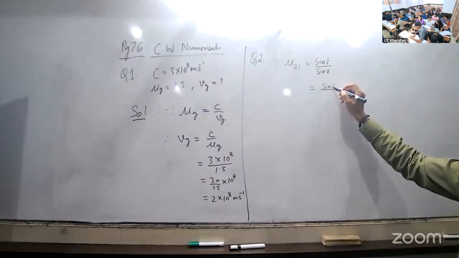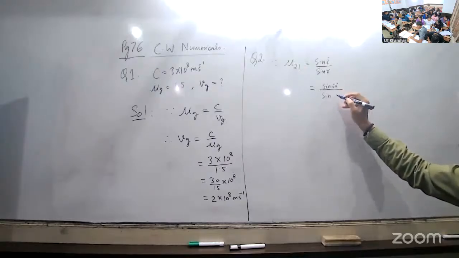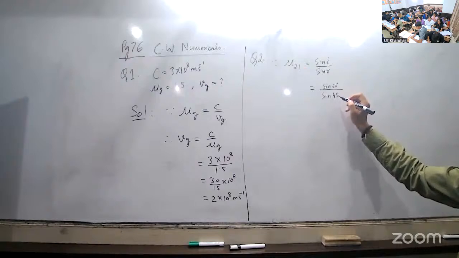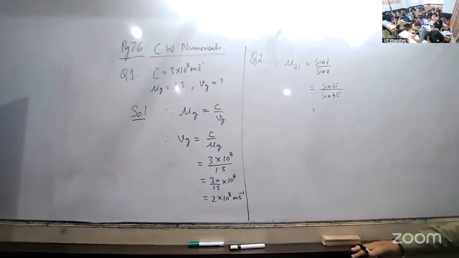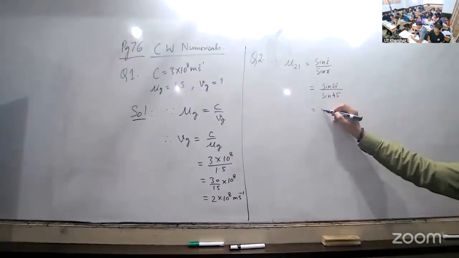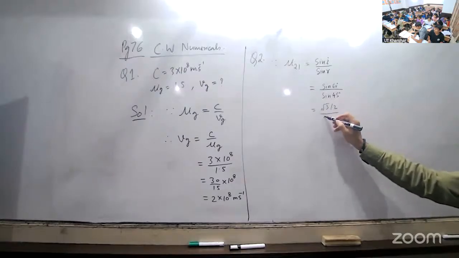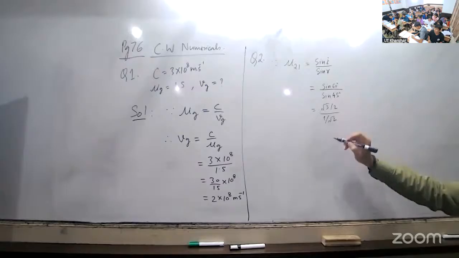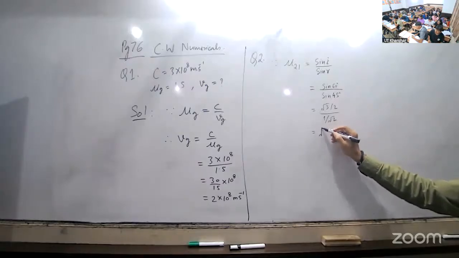This is sine 60 divided by sine 45. What is sine 60? Root 3 by 2. And what is sine 45? 1 by root 2. So this will be root 3 by 2.